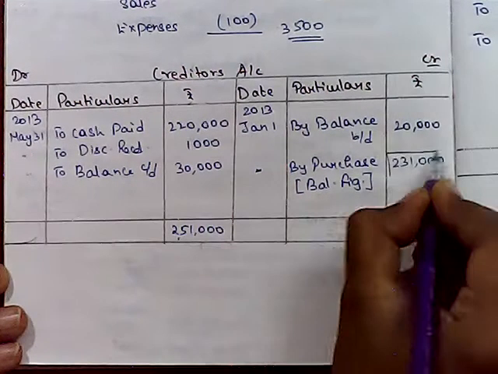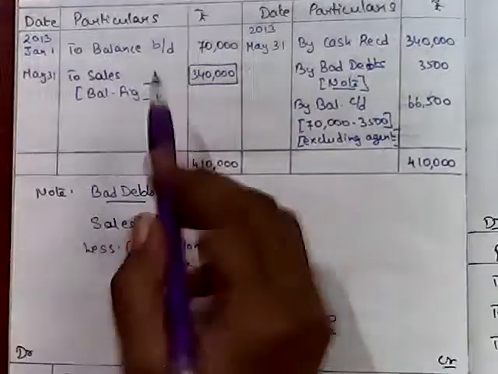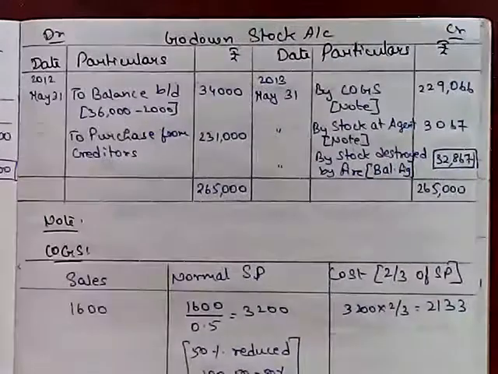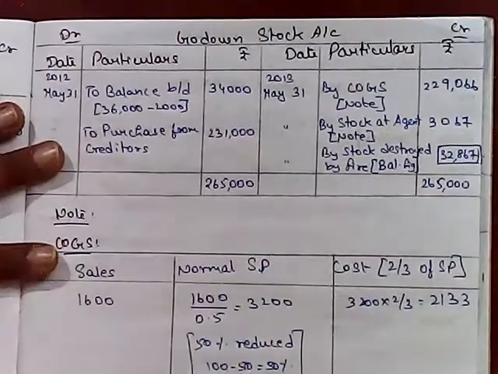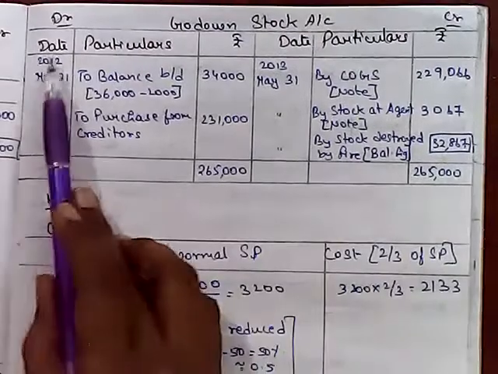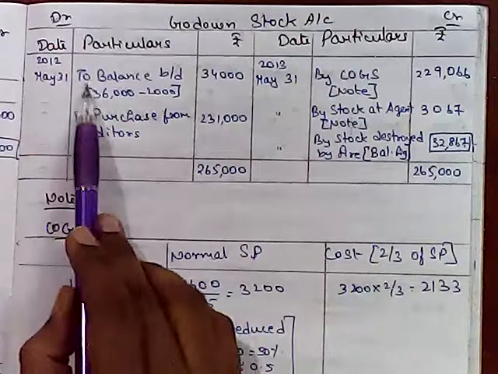Okay, so your purchases is 2,31,000 and your sales is 3,40,000. Then next is your godown stock account. Okay, the godown stock account, debit and credit. Date 2012 May 31st is to balance brought down.